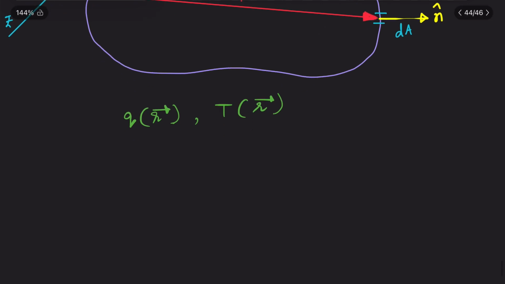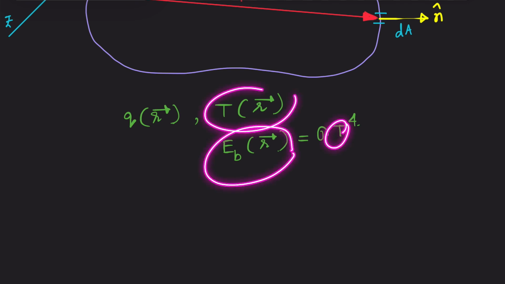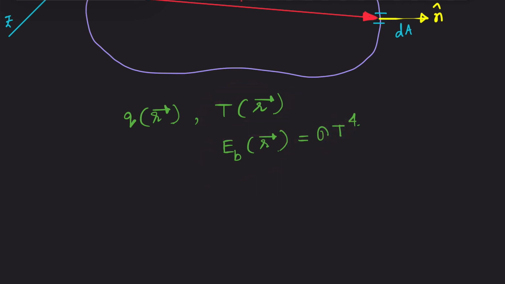Effectively, if we can find EB, that is a function of r here. Why are these functions of r? Because this will vary throughout the surface of the enclosure. We know that EB is equal to sigma T to the power 4, so if we know EB, then we know T. So we need to find these two.